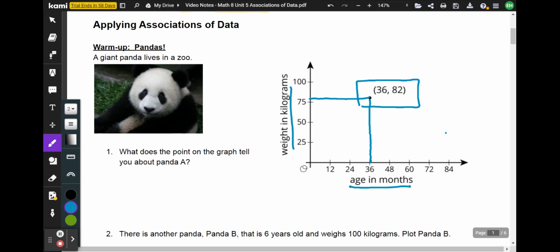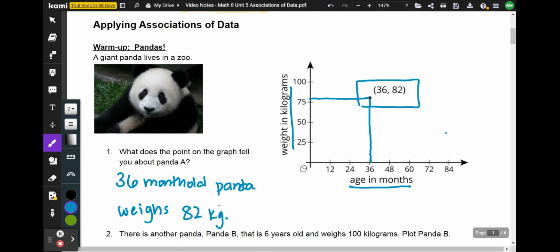So we know that a 36-month-old panda weighs 82 kilograms.